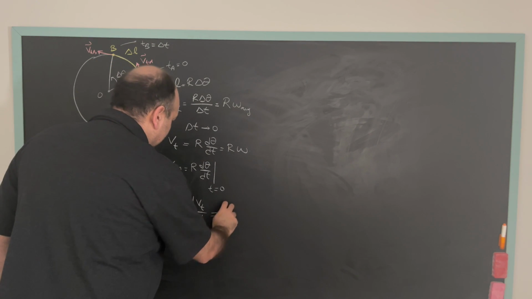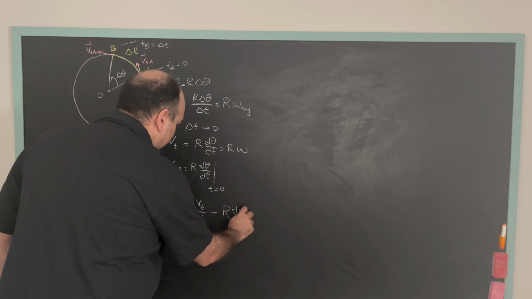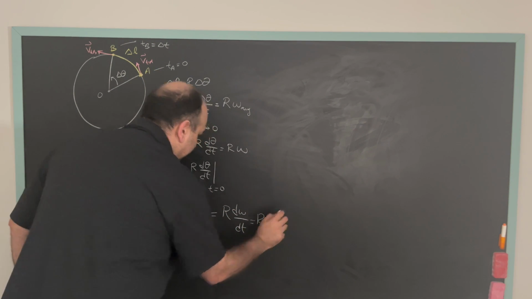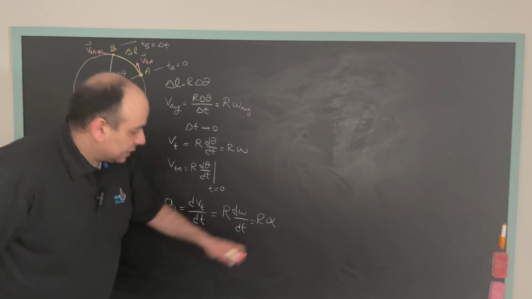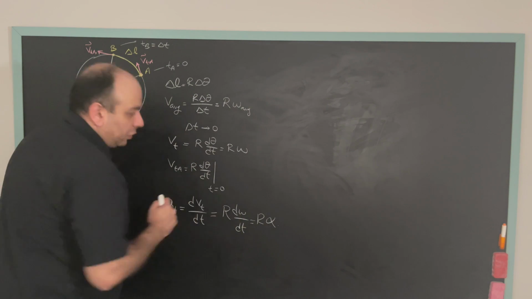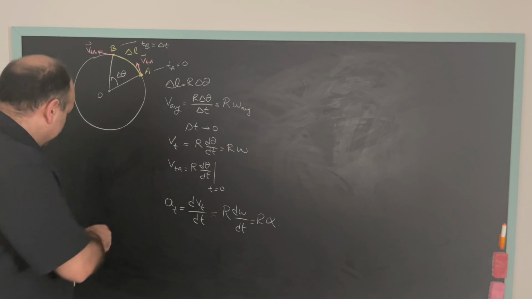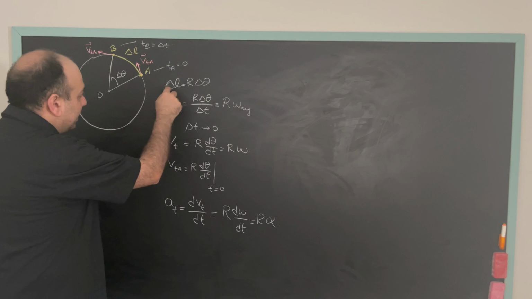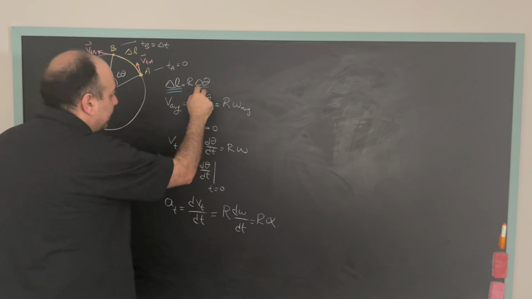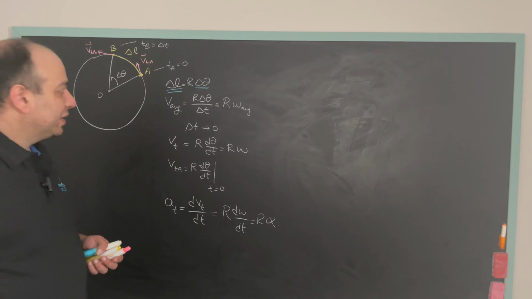So this is equal to R times d omega over dt, and we call it alpha. Alpha is called the angular acceleration, the time rate of change of omega. As you see, this is really interesting. We have a linear quantity, distance traveled, and an angular quantity, change in angle.